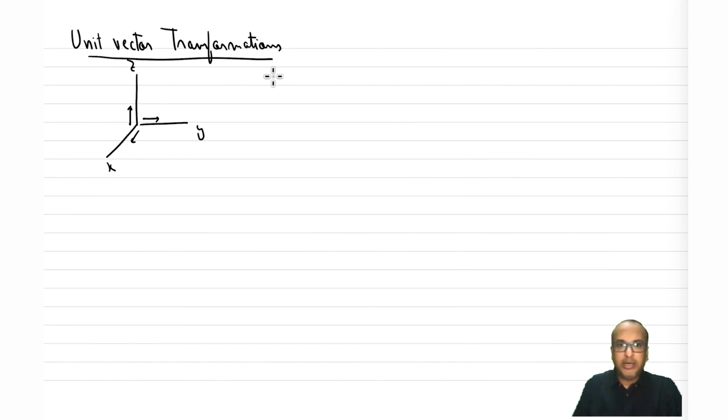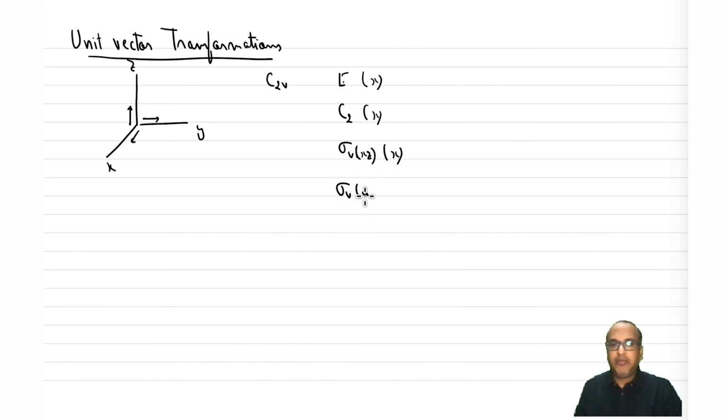For example, let's again write the C2V point group. So if I want to write the matrix under, let's say, x as my basis, C2 also x. So I'm transforming using sigma V1 or sigma Vxz for x, sigma Vyz for x, right? So what do I get here? I get x here, x will be replaced with minus x, this will be x, and this will be minus x, right?